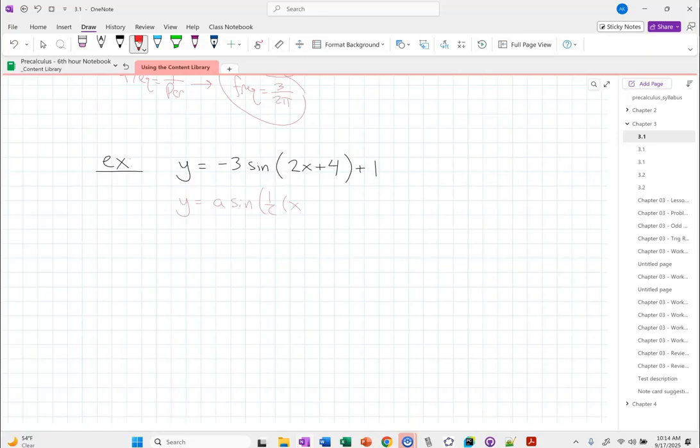All right. Hannah, we've written in the general form underneath it. Can you find one of either A, C, H, or K right away for us?